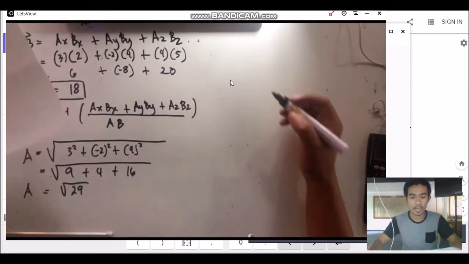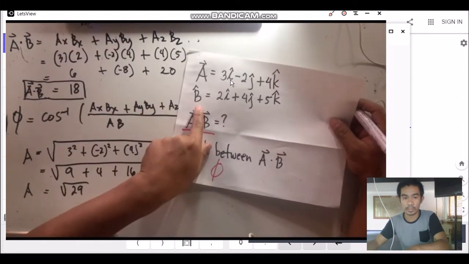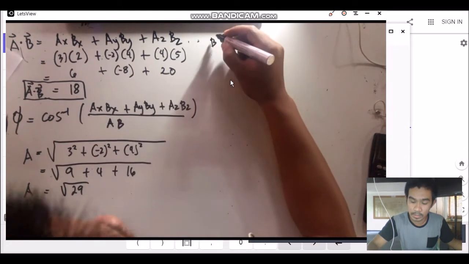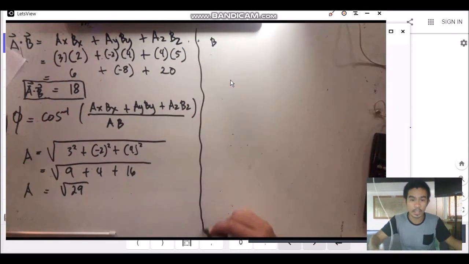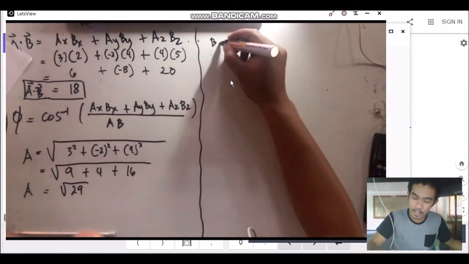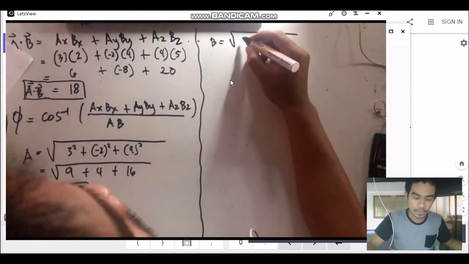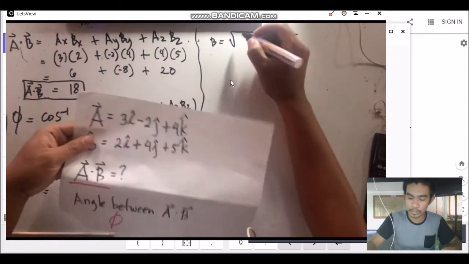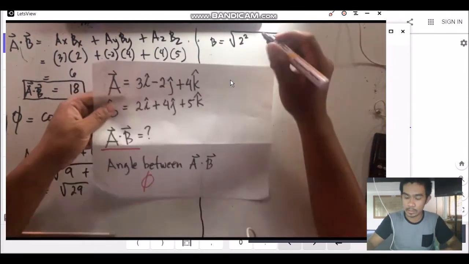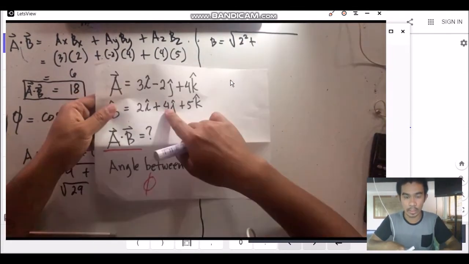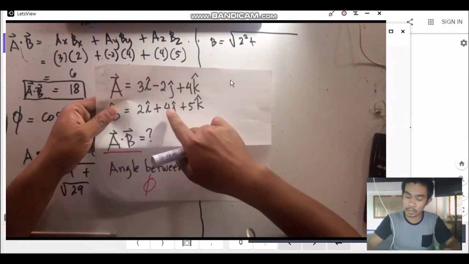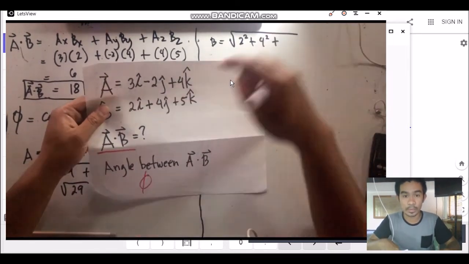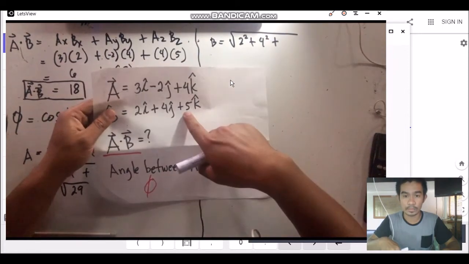Next is the magnitude of vector B. The magnitude of vector B is the square root of the x component squared, that's 2 squared, plus the square of the y component, which is 4, so 4 squared, plus the square of the z component, which is 5, so 5 squared.